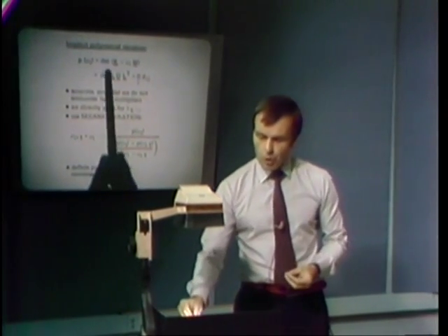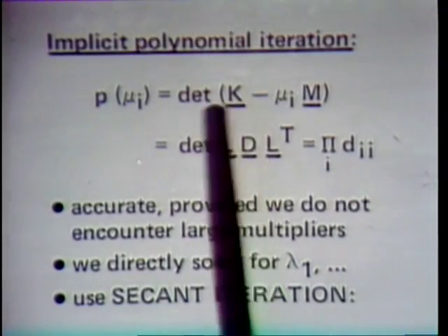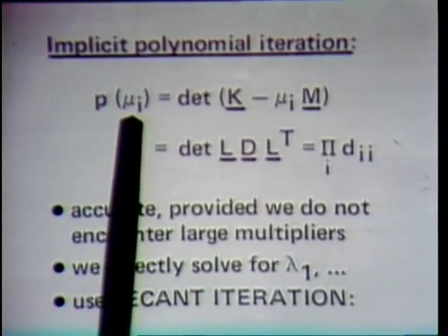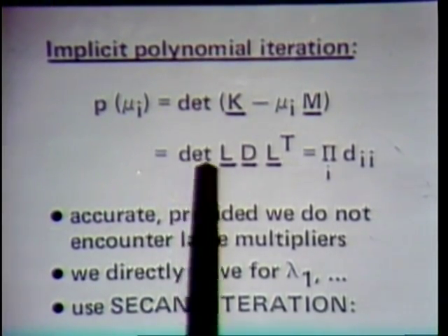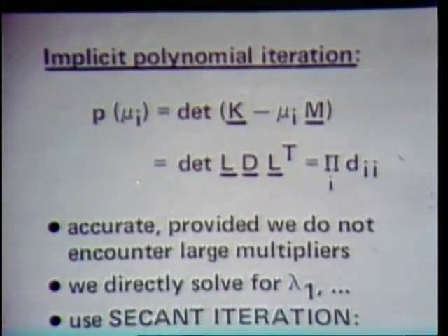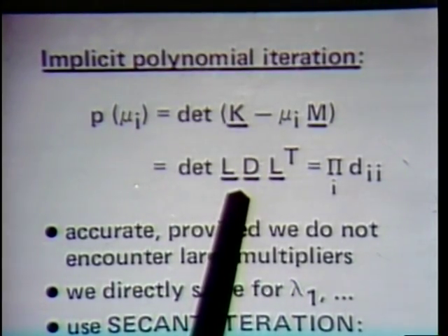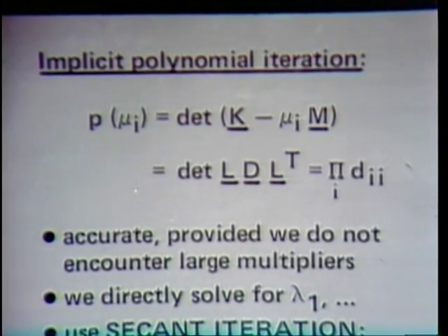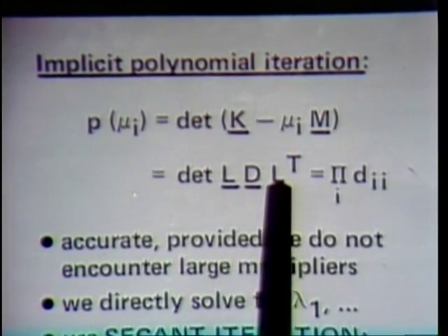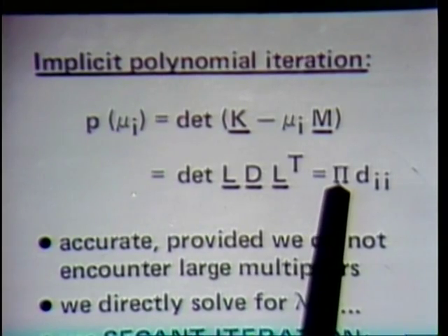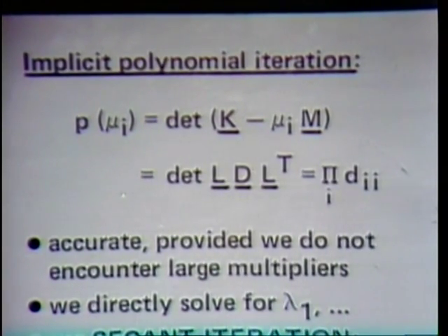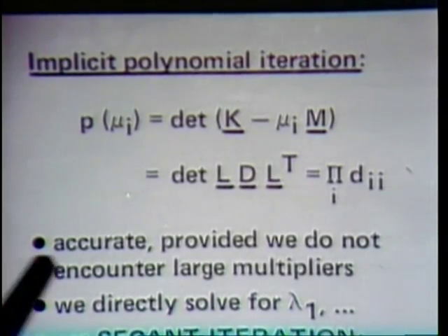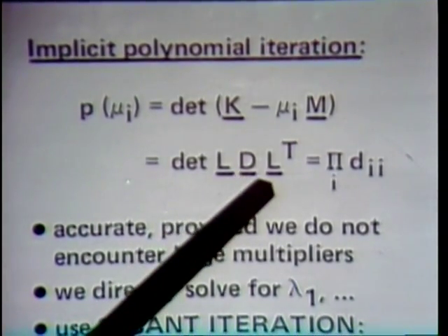In the implicit polynomial iteration, we evaluate the determinant of this matrix here, in other words, p at mu I, via the LDL transpose factorization, which we discussed when we talked about Gauss elimination solution. To obtain the determinant of this matrix here, we need simply to multiply all the diagonal elements. This technique is accurate, provided we do not encounter large multipliers in the L matrix.